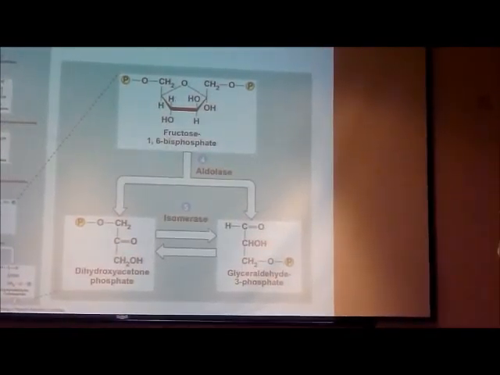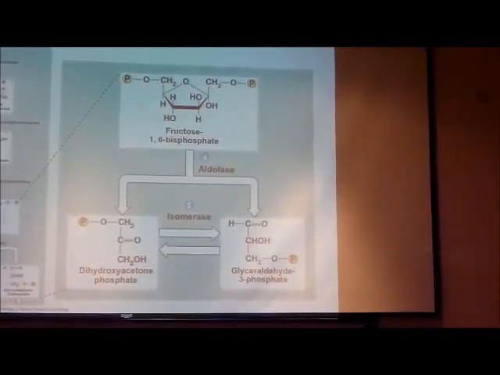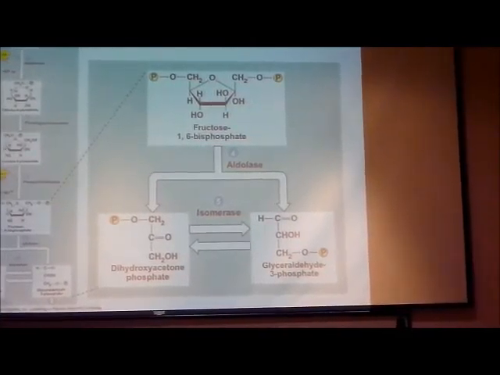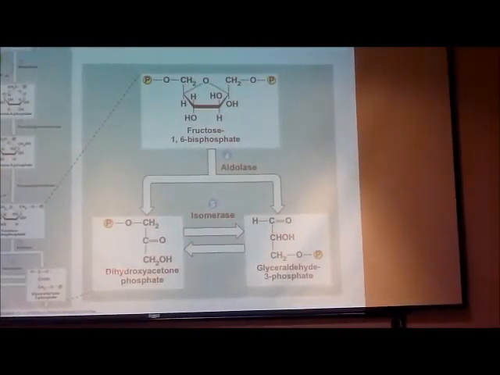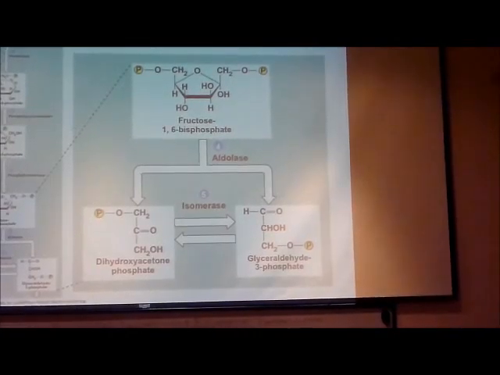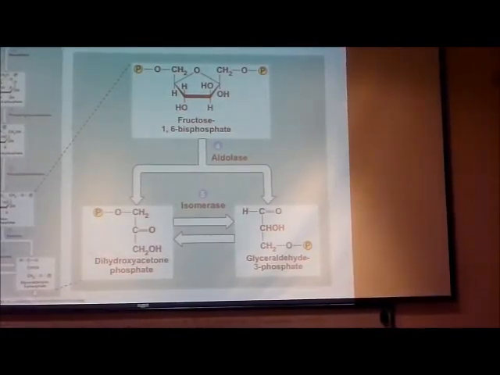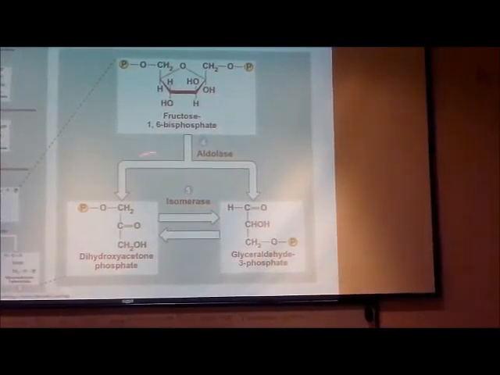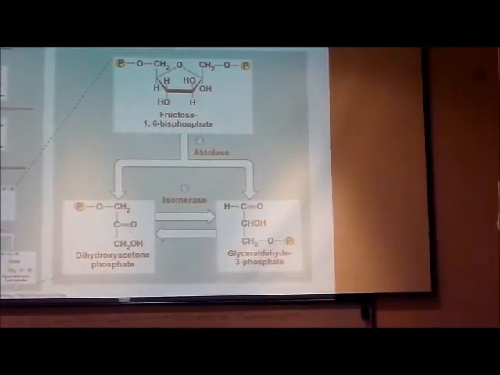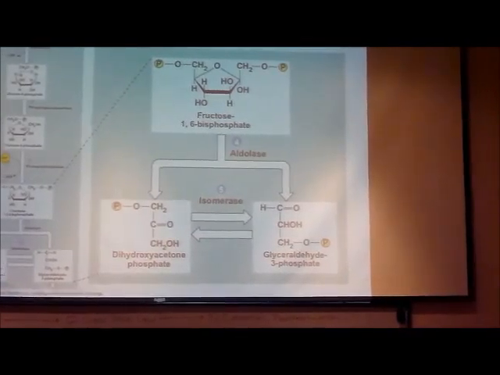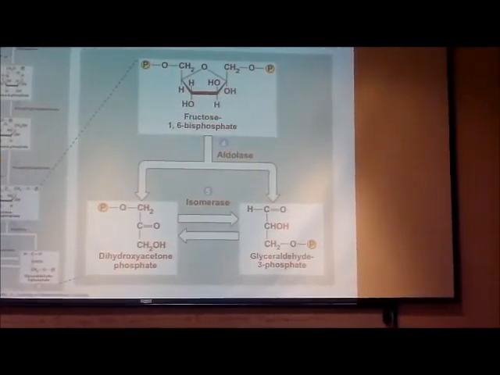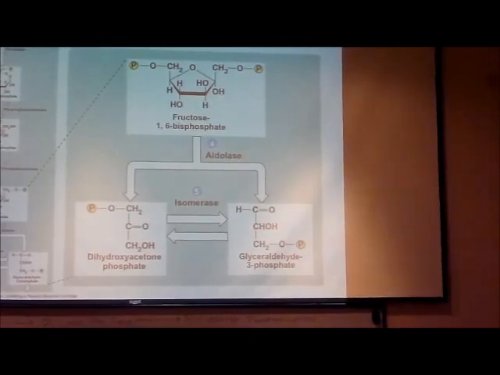The isomerase can result in us switching between those products, so we can technically take glyceraldehyde 3-phosphate and turn it into dihydroxyacetone phosphate, or vice versa. But only glyceraldehyde 3-phosphate can be used to make pyruvate. So, whichever ones we wind up with, we're going to need to use isomerase to make glyceraldehyde 3-phosphate so we can then make pyruvate.